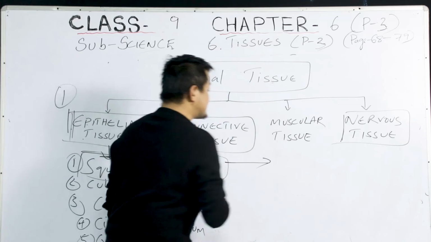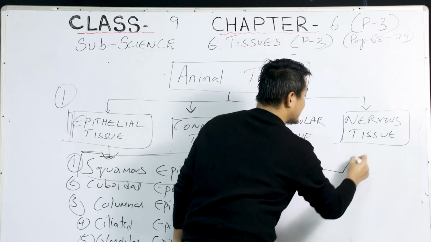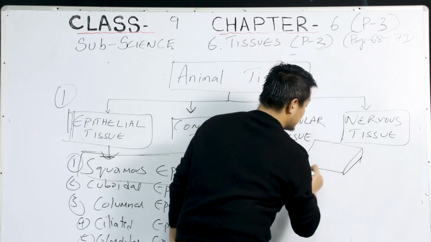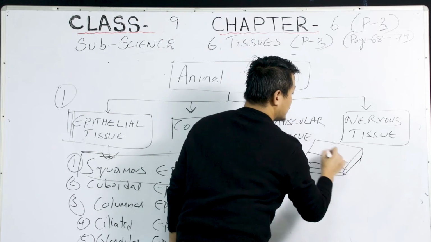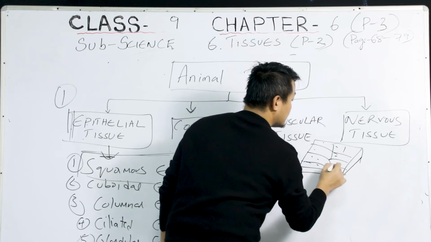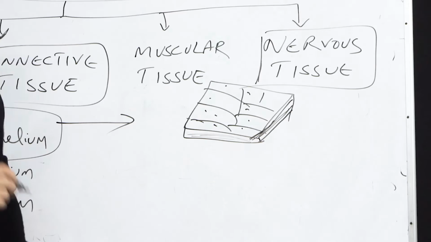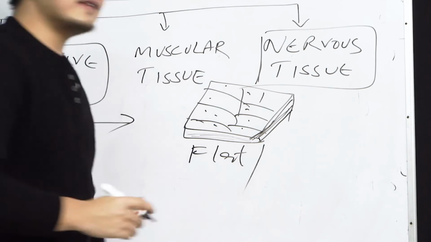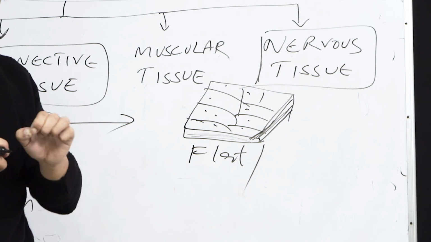This squamous epithelium is flat, and the cells are arranged in the form of tiles.